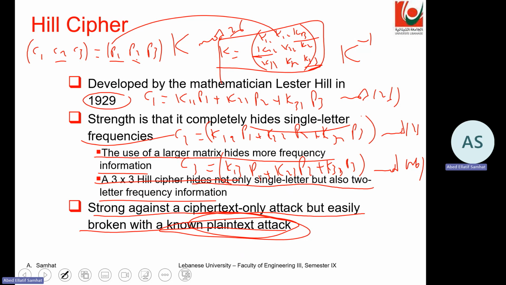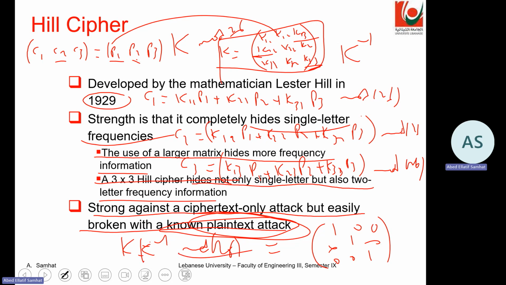It's a well-known idea, so you should find key times key minus 1 mod 26, which typically should equal the identity matrix, 1 1 1 and zeros elsewhere. This is how to find the inverse of the key, K minus 1, and we are working mod 26.